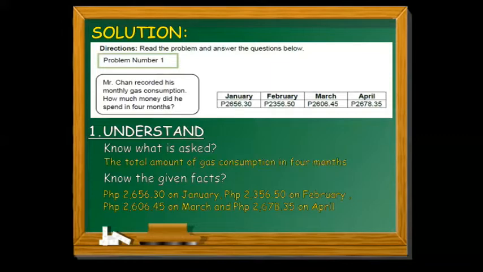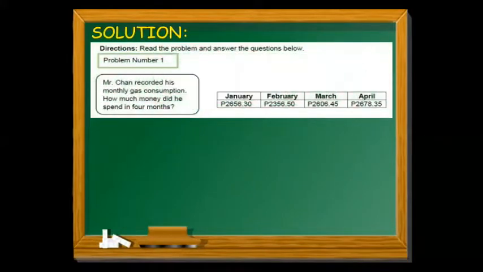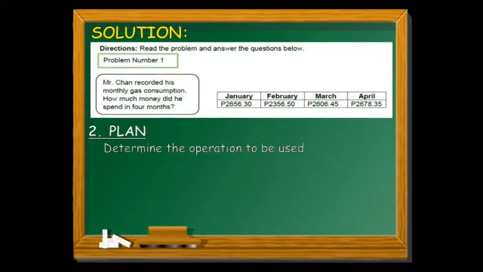And then after we know what is asked and what are the given facts, the next step will be the plan. Ano nga ba yung plan natin? We need to determine the operation to be used.